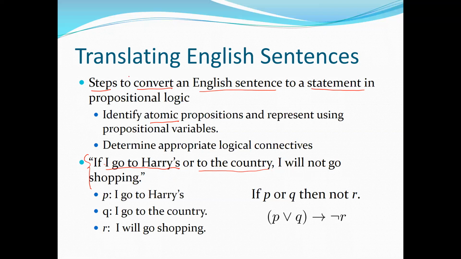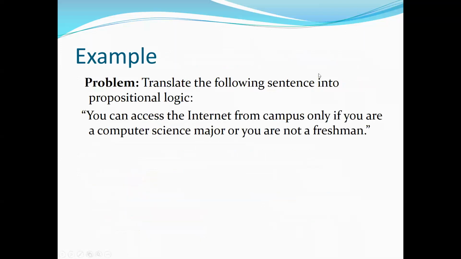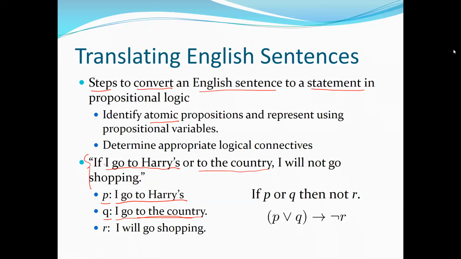Let P be a propositional variable representing I go to Harris, and Q represents I go to the country. That is again an atomic sentence, considered as a proposition. And I have one more variable R, representing I will go shopping.